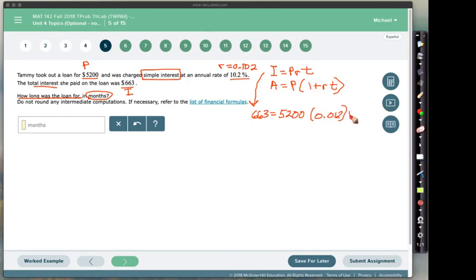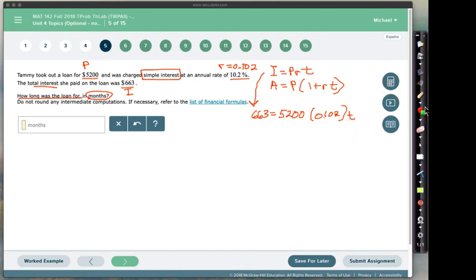There's always something that's unknown in math. So we multiply the two numbers here, 5,200 times, see, I made a mistake, didn't I? I put the 1 in the wrong place. And I bet a few of you caught it and said, what's he doing? 0.102. And there we go.